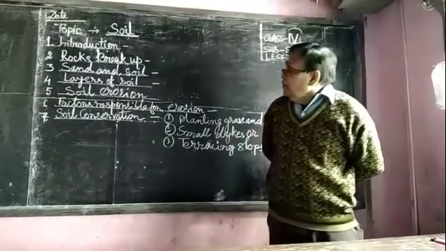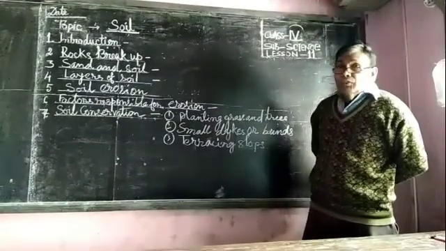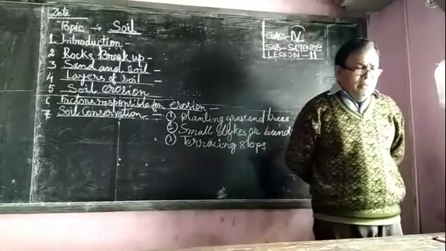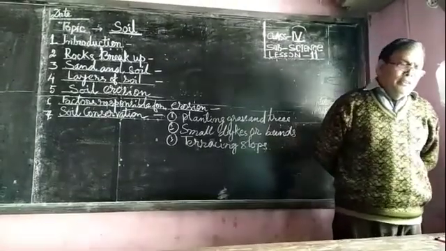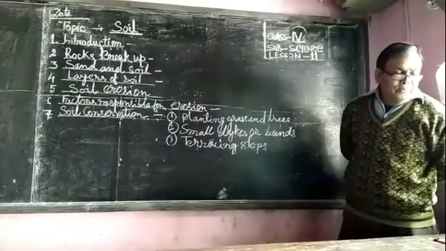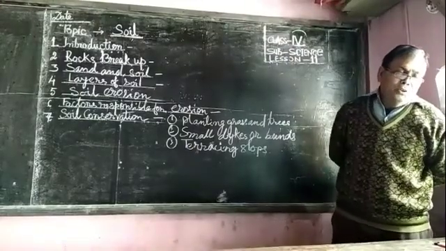The next point is layers of soil. Soil is made up of different layers. The uppermost layer is called the topsoil. Topsoil is made up of fine sand and humus.